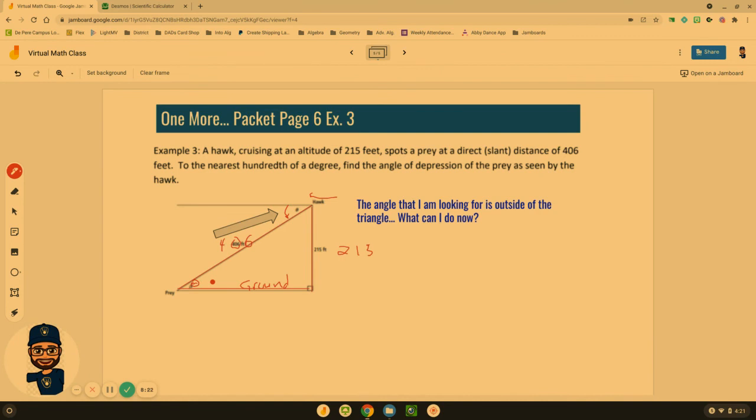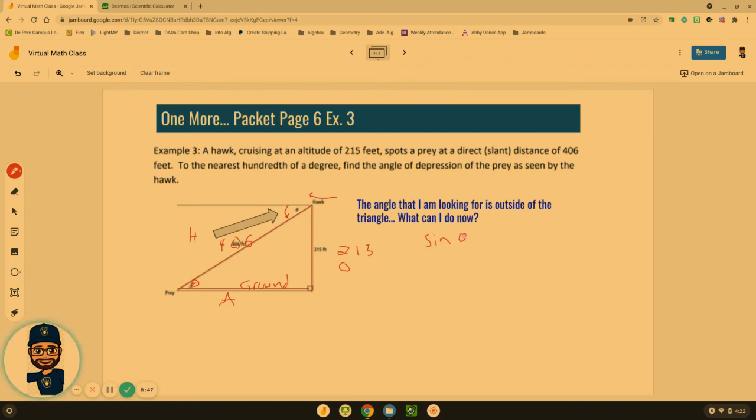Now if that's theta, we're going to label the sides again. 406 is opposite the right angle, so that's our hypotenuse. Right next to the angle, that side is the adjacent, meaning this has to be the opposite. So what trig function uses opposite and hypotenuse? Once again, the sine of our particular angle.